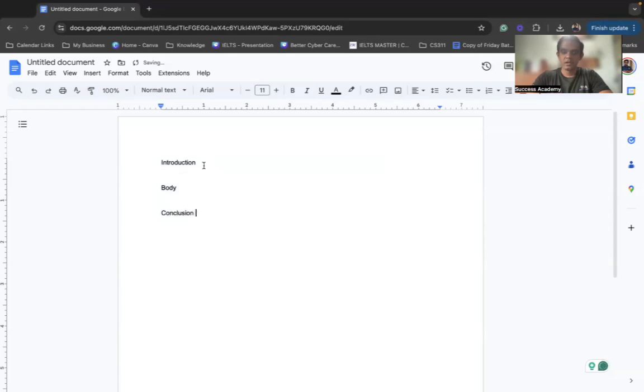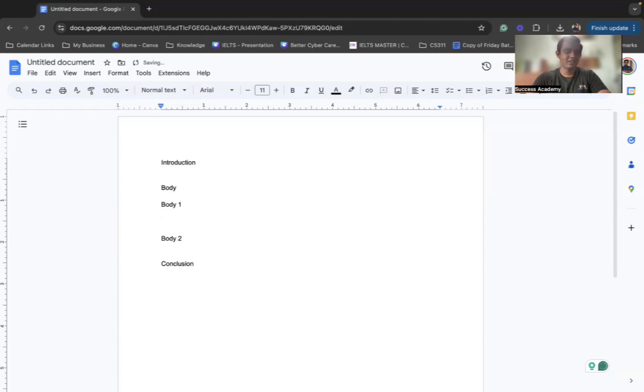Now, for the introduction, you don't need to really use a lot of cohesive devices because this is the part where you're introducing the topic. But when it comes to each body paragraph, there are almost essential or mandatory cohesive devices that you have to use.